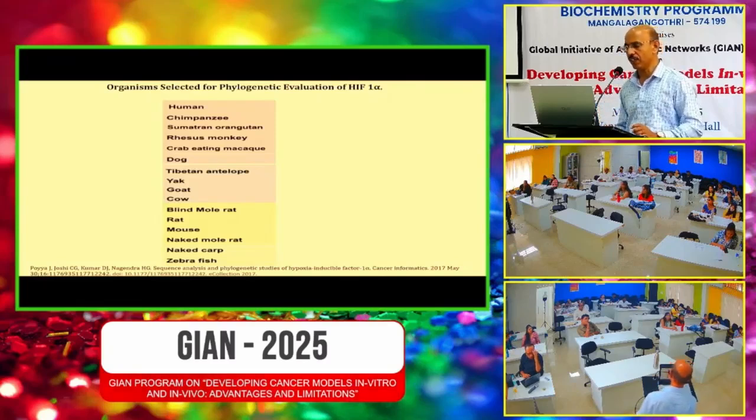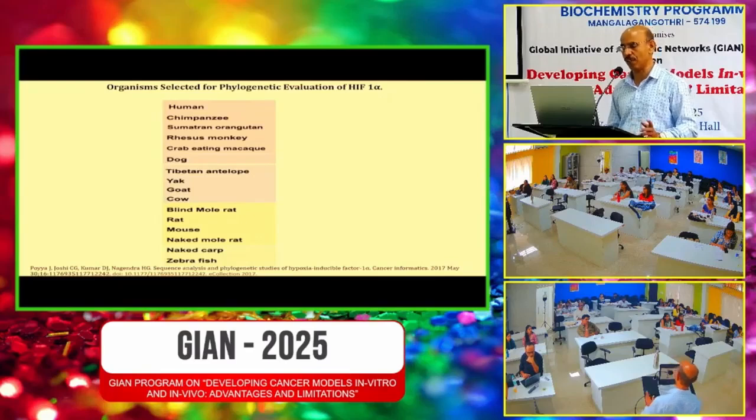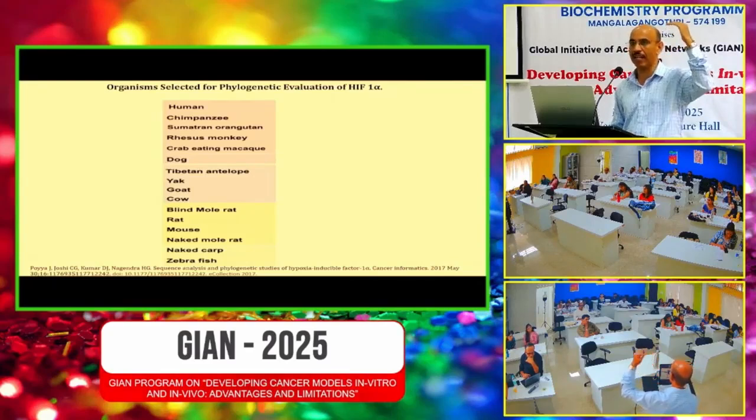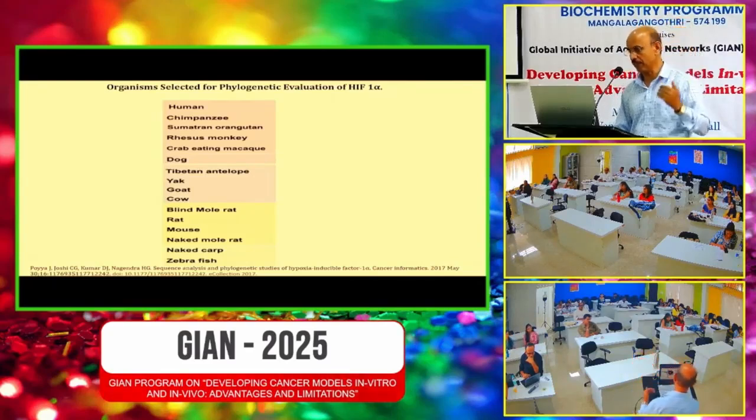So we selected organisms like human, chimpanzee, orangutan and monkey, and along with that, even dog. At the same time, the other animals we selected were cow, yak, and maybe the Tibetan antelope, which actually lives at high altitude, to get information.